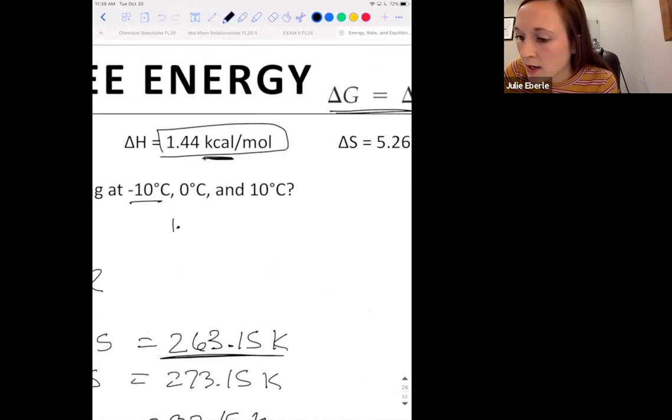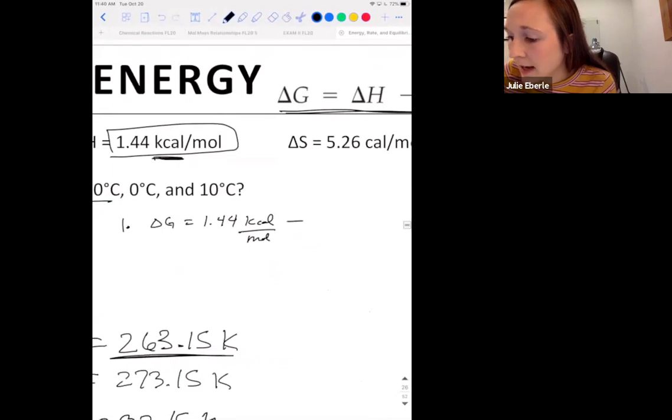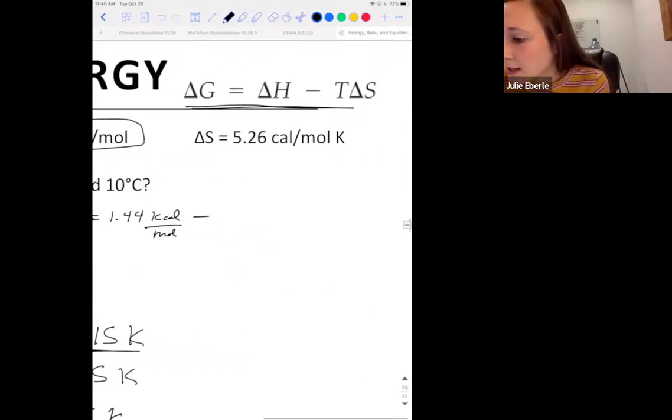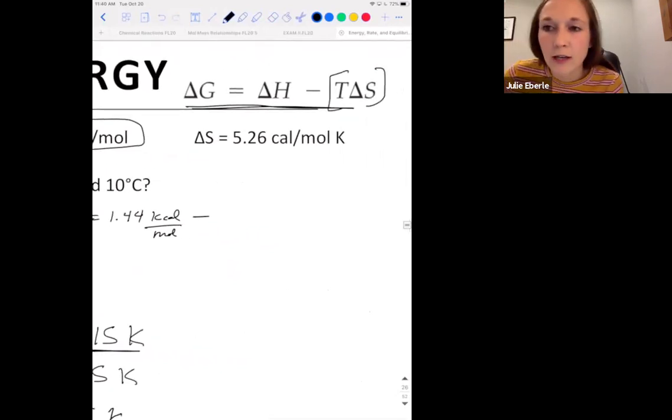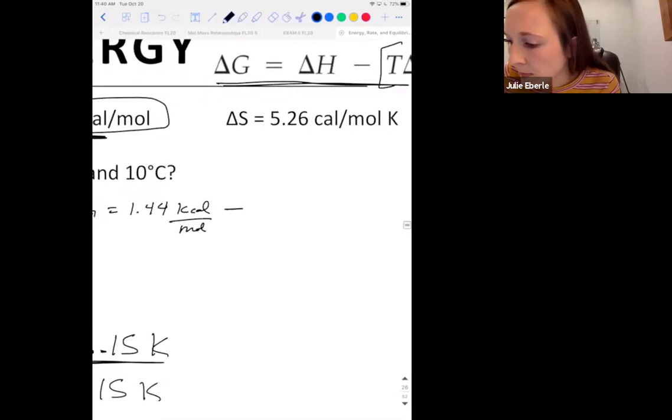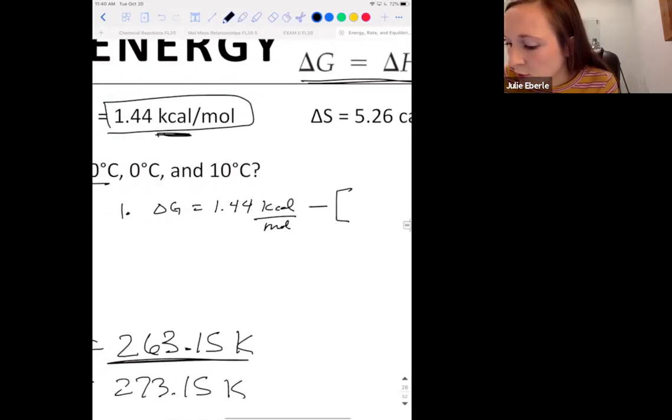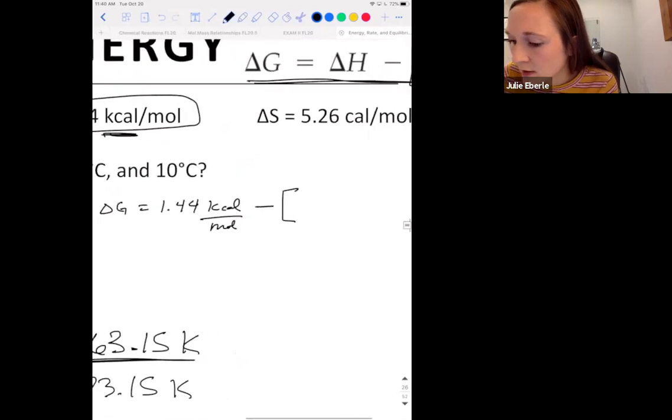Here it is, 1. So delta G equals 1.44 kcal per mole minus, and I like to do the T delta S, I like to put it all in brackets so that I know I keep it together because we're multiplying here, minus, what was my temperature? 263 for this first one.